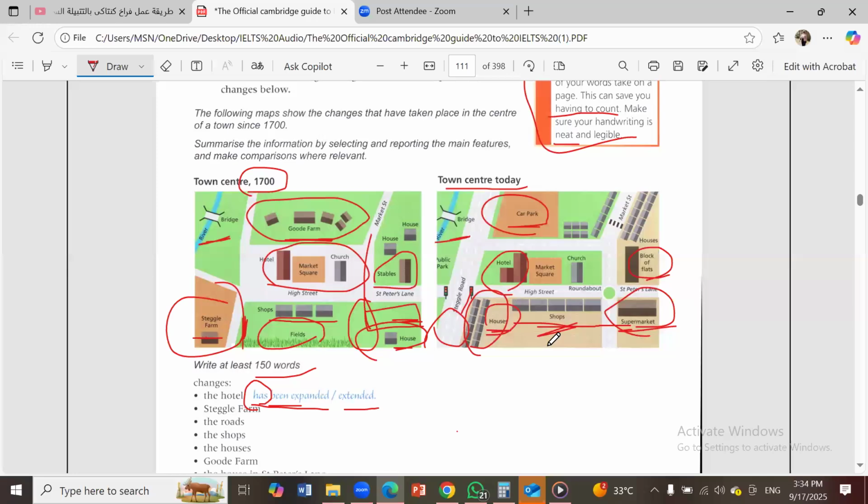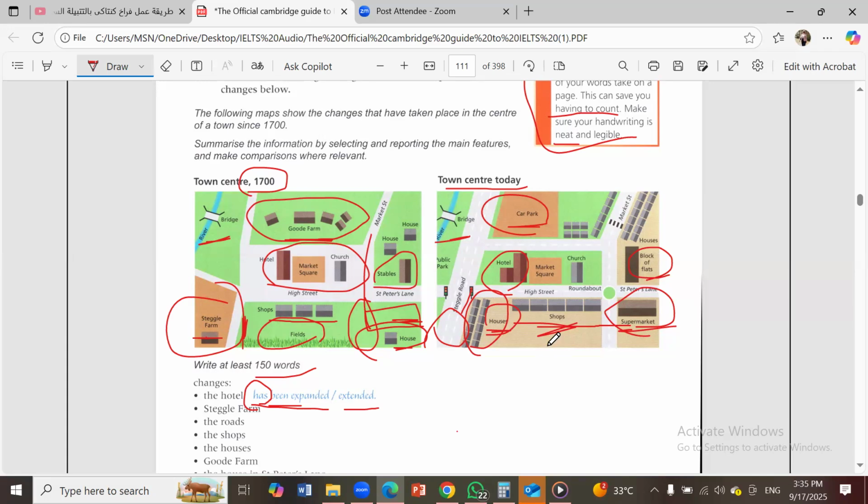Stables, for horses, أحصنة. Horse. Great. Nice. Stables. Again? Stables. Yeah, stables. Okay. The same word as stable in Arabic.